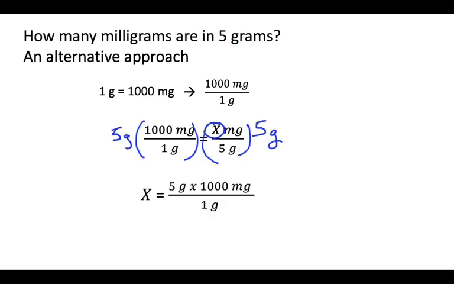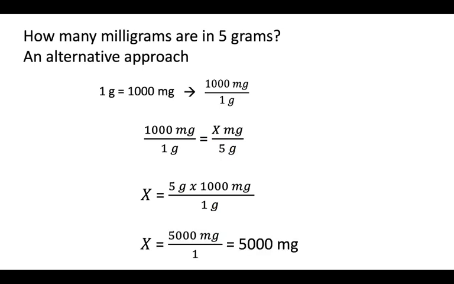Now we can solve for x by multiplying both sides by 5 grams. It cancels on the right, grams cancel on the left, and we're left with x is equal to 5 times 1,000 milligrams. And we get our answer, which is the same answer that we had arrived at previously, 5,000 milligrams.